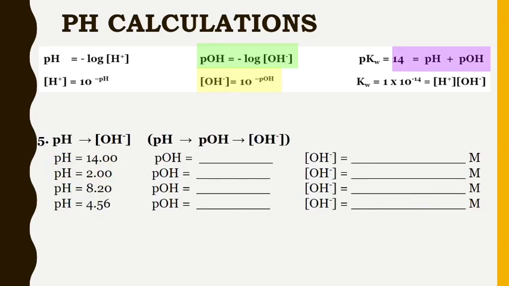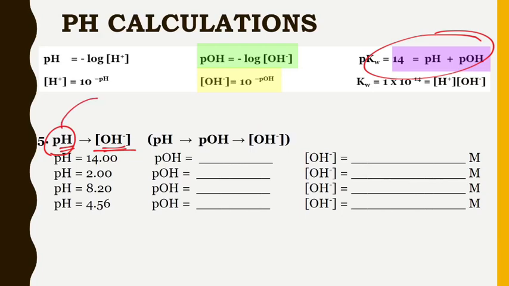Now, these last two sections, just like I showed you on the map, we have our pH is what we're starting with, but I want my OH concentration. Notice how my H and my OH do not match. That means we're going to have to convert between the H side of our map and the OH side of our map. And I'd really recommend we use that fact that they add up to 14 to do that.